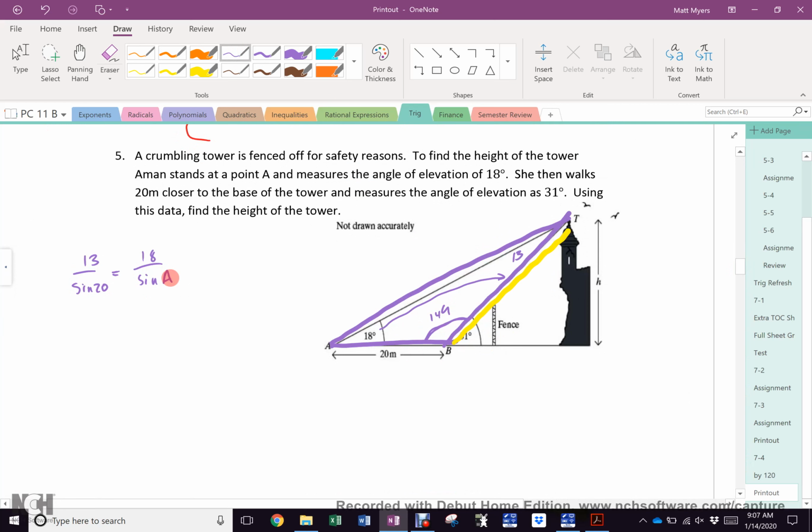No, other way around. A over sine 18, right? So A equals 13 sine 18 divided by sine 20, yes? 13 works with 20. 18 works with that. It's 20 over sine 15. 15 is the angle. Oh, thank you.